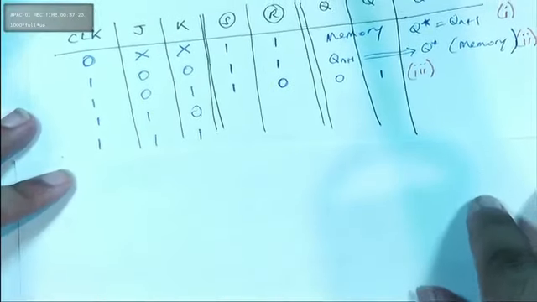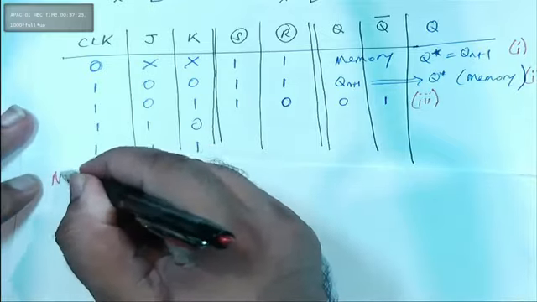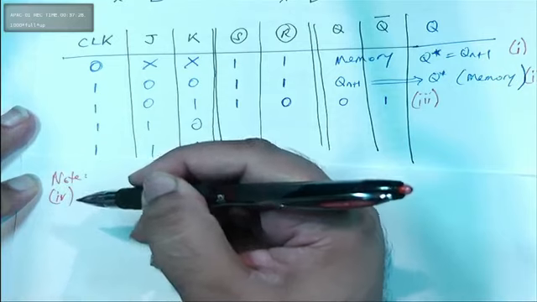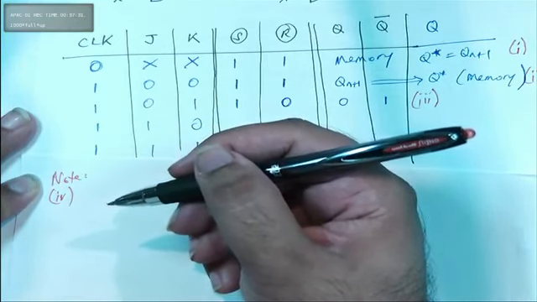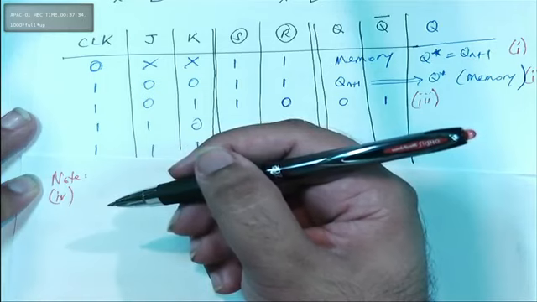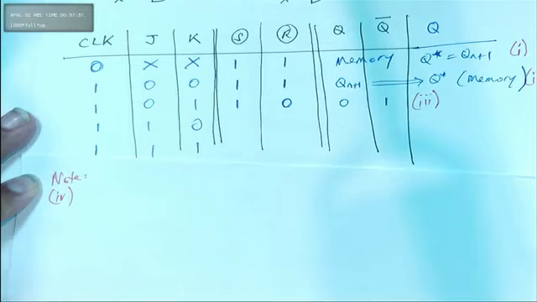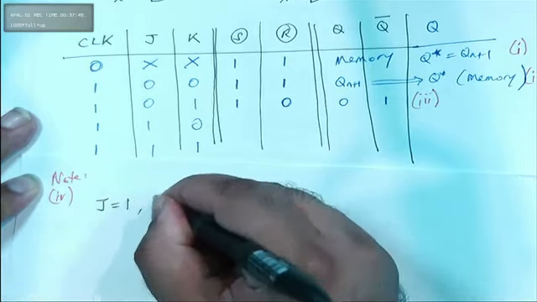Okay, continue to fill that table up. Note 4. In note 4, guys, let us consider J is equal to 1, K is equal to 0.